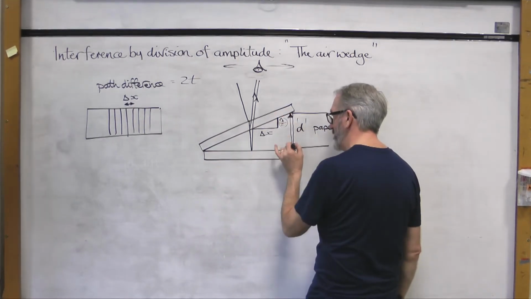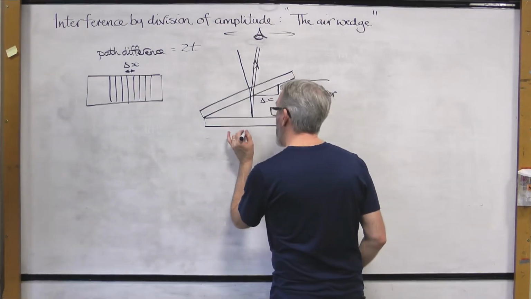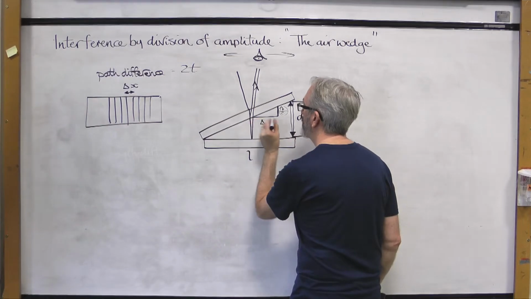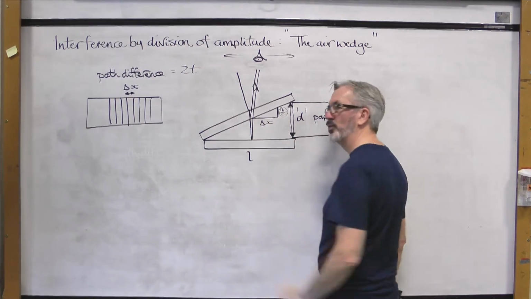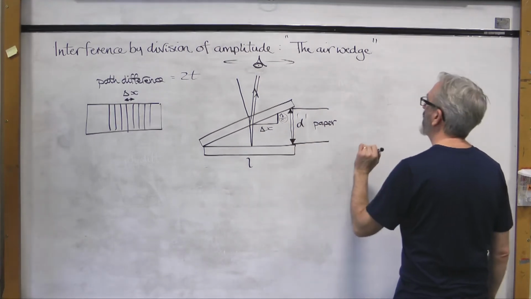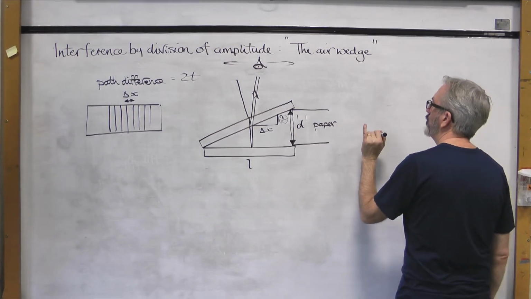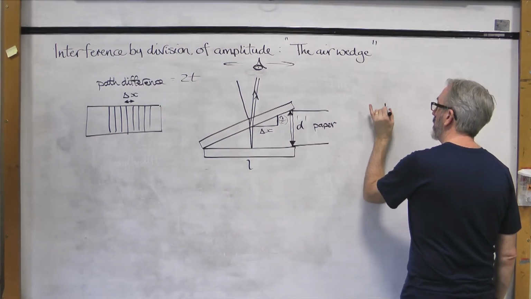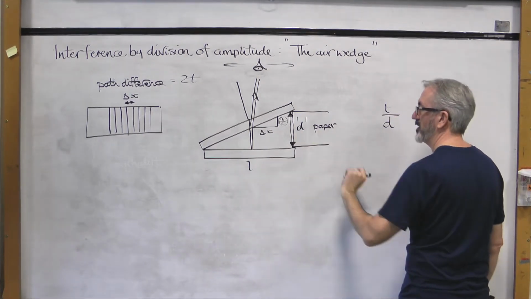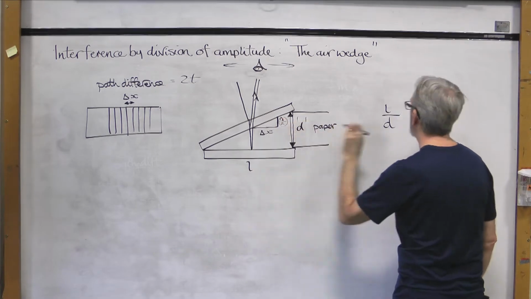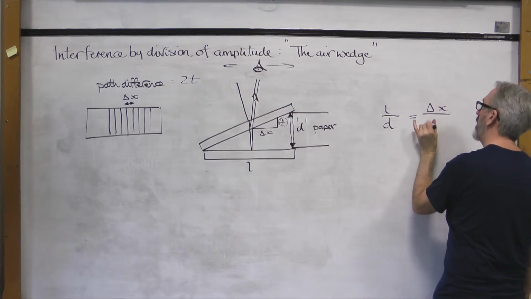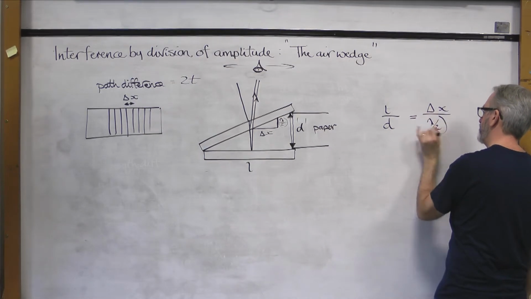We've got this D, which is the thickness of the paper. L is the length of the glass slide. And we've got this wee triangle here, delta x and lambda over 2. And because they're similar triangles, we can do this. We can do L over D, that horizontal side over that vertical side, will be in the same ratio as delta x over lambda over 2.